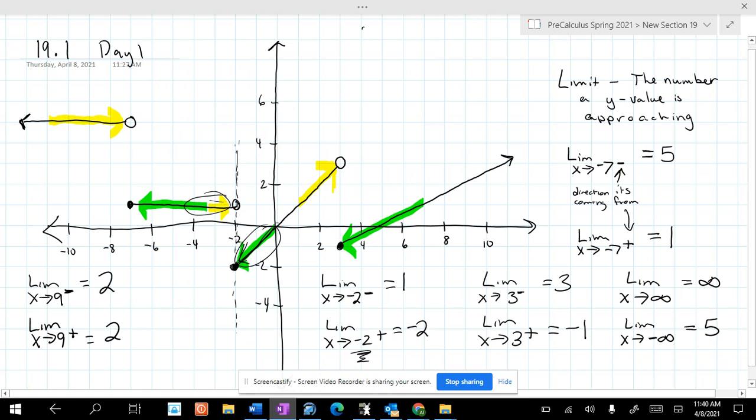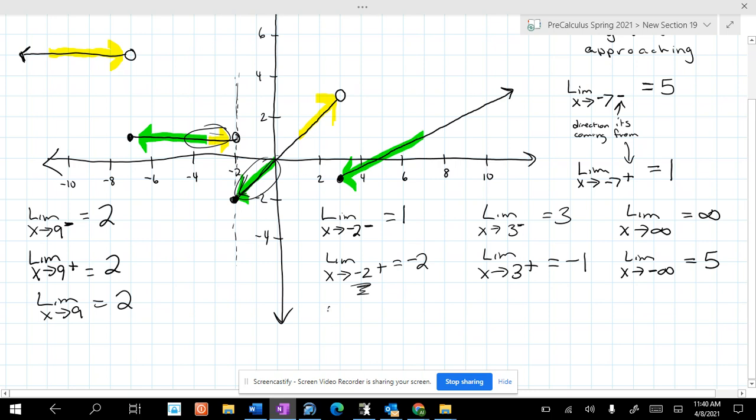So, see how these were separated here so they went towards different things? But if you have a continuous line, both these will go towards the same spot. That spot right there. So we can say the limit as x approaches 9 is 2, because it approaches from the left and the right and it hits the same number.